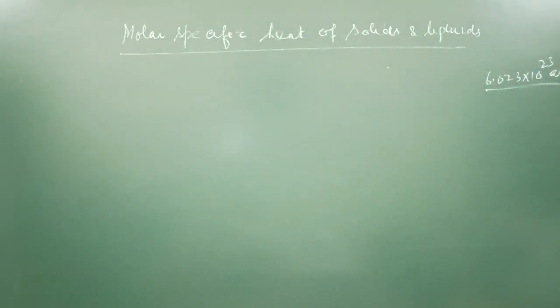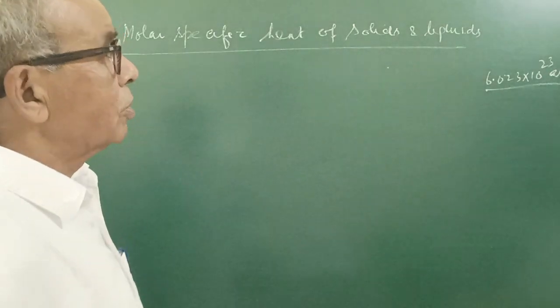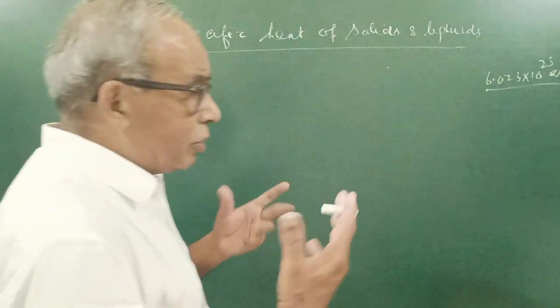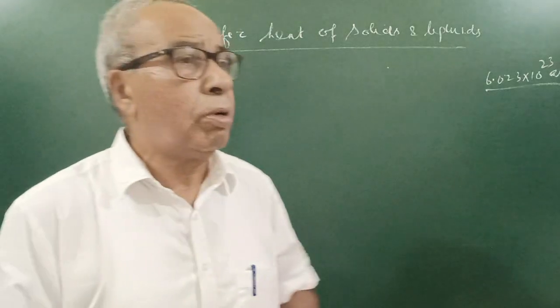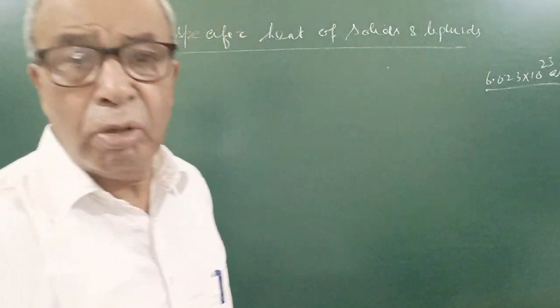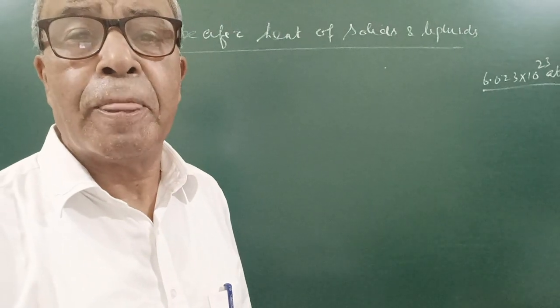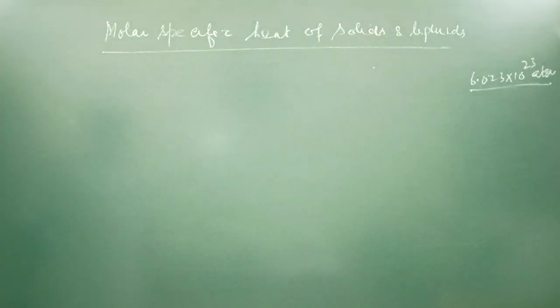You can't see an atom. We have determined atomic mass using the concept of atom, but we can't see an atom. So define mole in terms of gram atomic mass. 1 gram atomic mass of an element is equal to 1 mole of the element. है भाई? So what is the meaning of molar specific heat?